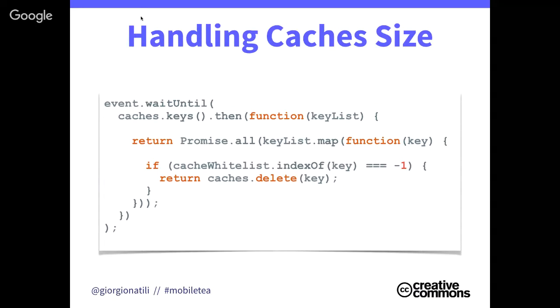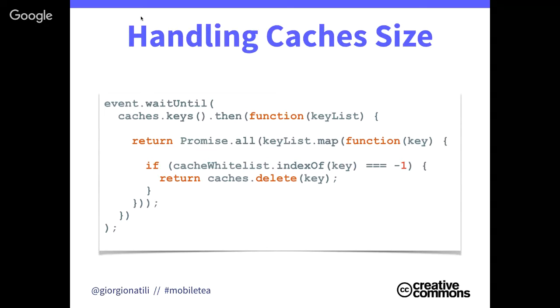It's obviously just an example. Let's simplify things. Here I'm deleting all the cache every time my service worker is activated. So I'm not supposing to keep a previous version of the data.